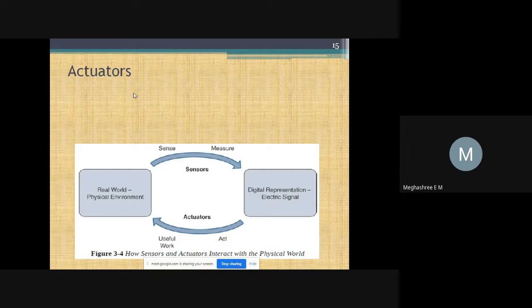And next is actuators. So what are actuators actually? See, sensors, what do they do? They send the data, right? And they convert the physical measurement into digital representation. Once the digital representation is received at the processing end, a certain decision has to be made. So as I said, if there is a fire at my place and I have deployed sensors, then it will sense the fire.